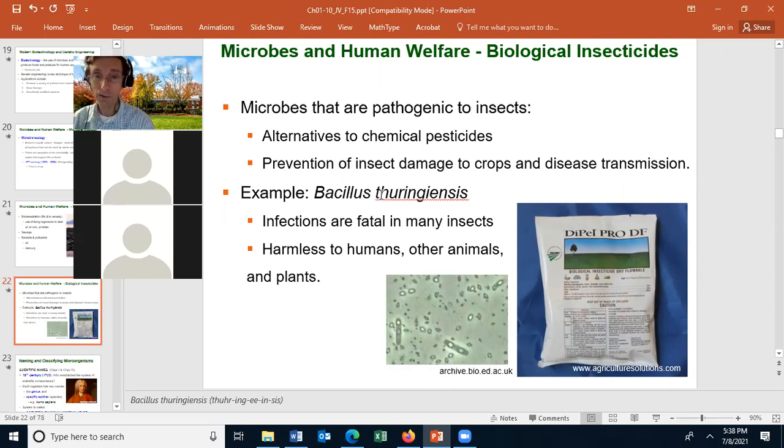So this would be a much better insecticide to apply to the apples, because you're not getting the chemical pollutant or the chemical residue of the man-made chemical that you're adding to the apples. Bacillus thuringiensis is an infection that's fatal to many insects, and of course, like I said, it's non-harmful to humans.